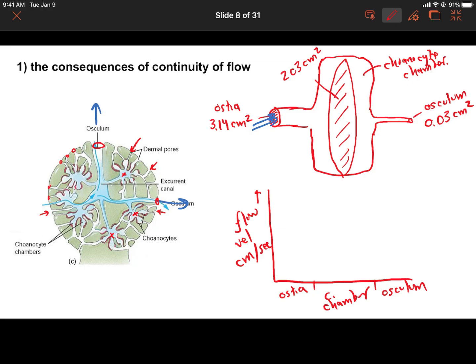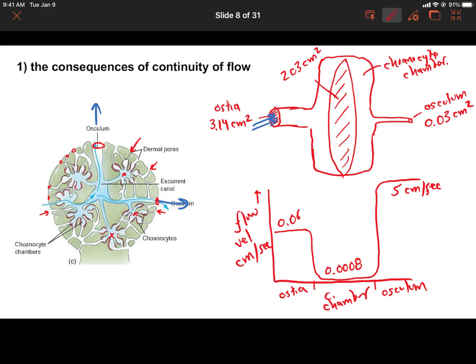Okay, so what that looks like is if water's coming in at a particular flow velocity here, it hits the choanocytes and it drops down to very little flow velocity, and then once it hits the osculum, it speeds up dramatically, just because of the diameters of the hose, right? Okay, so people have measured those. This is 0.06 centimeters per second for a given sponge. This is 0.0008 centimeters per second, and this is 5 centimeters per second for the osculum area of that sponge.